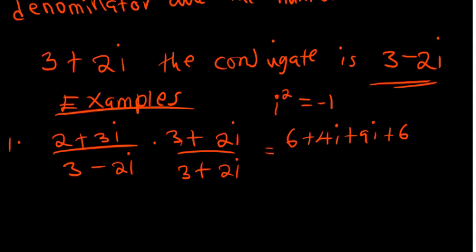You divide by, so you do the same thing here. 3 times 3 gives 9. Then 3 times 2i gives plus 6i. Then negative 2i times 3 gives negative 6i. Then negative 2i times 2i gives negative 4i squared.